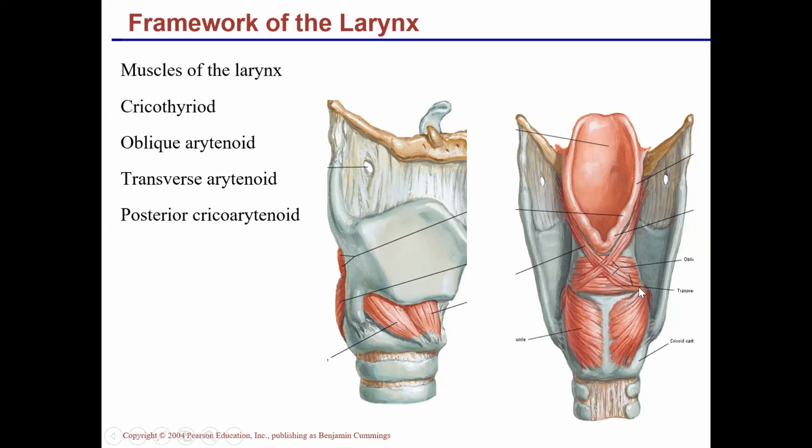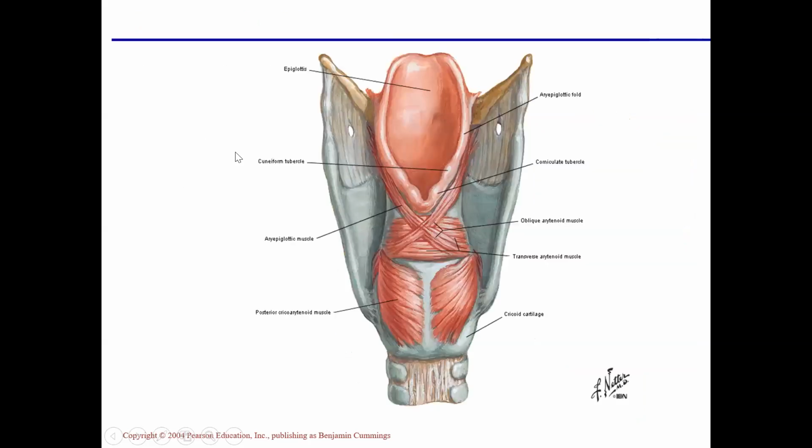And then this one is between two arytenoid cartilages. It's in the transverse direction, so it's called transverse arytenoid. And then this one is easy. This one is like a cross, right? So definitely it's an oblique muscle, so it's called oblique arytenoid. Okay, so those are the muscles.